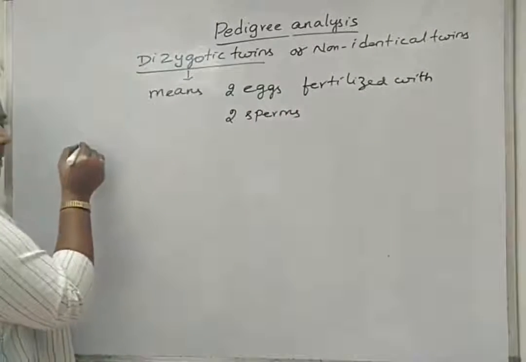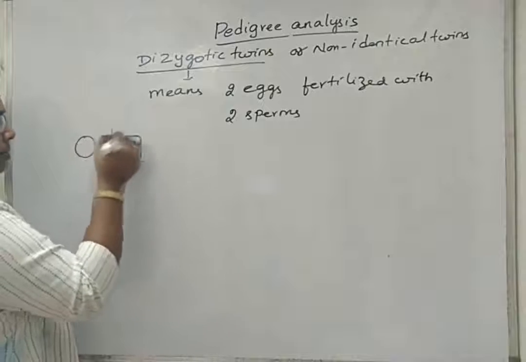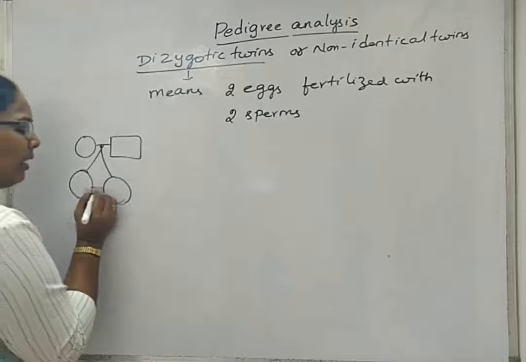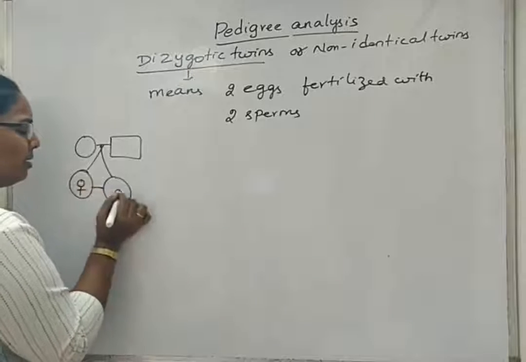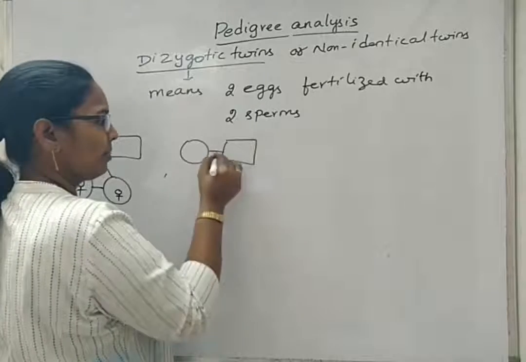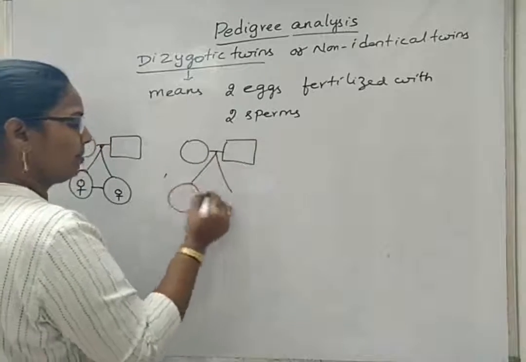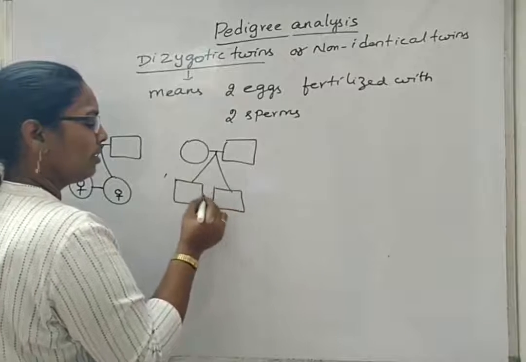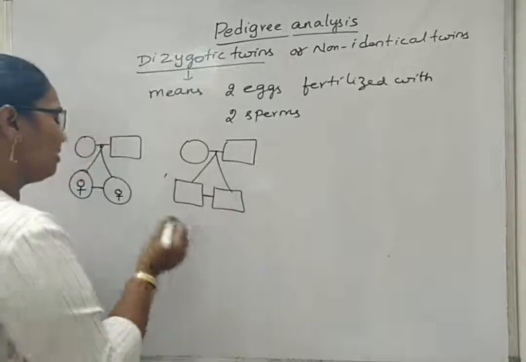Now, another representation is two offspring, either two females or two males, but both are given one single line to connect.